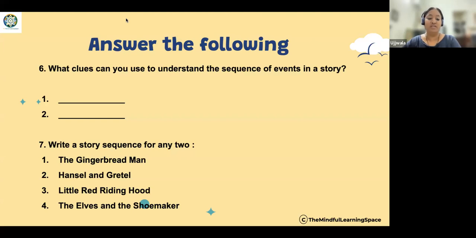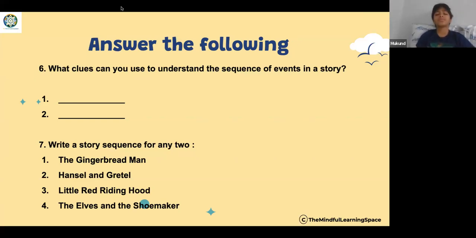Now I want you guys to choose any two stories. Little Red Riding Hood, Gingerbread Man. Mukund, Chitra, Pranav can choose any of the two stories and write a sequence. It's up to you, no need to tell me. But I want you to just send me the sequence of any two of the stories.